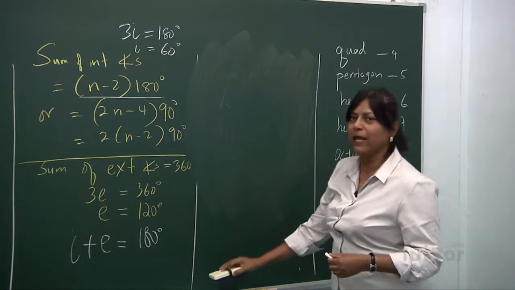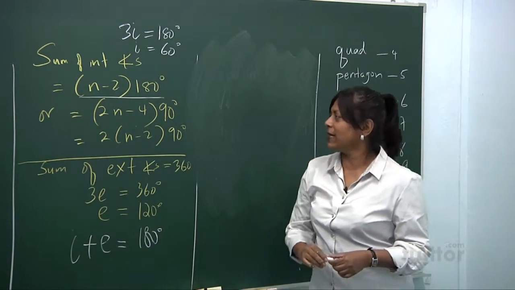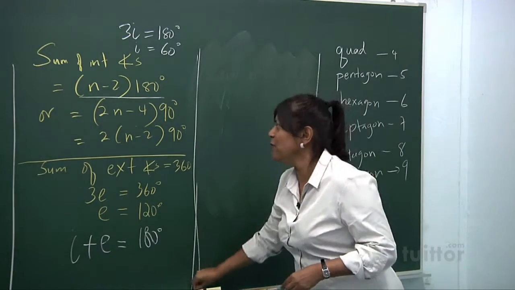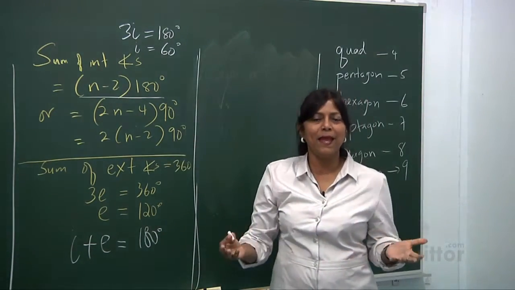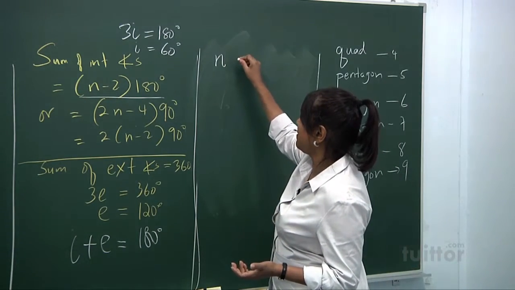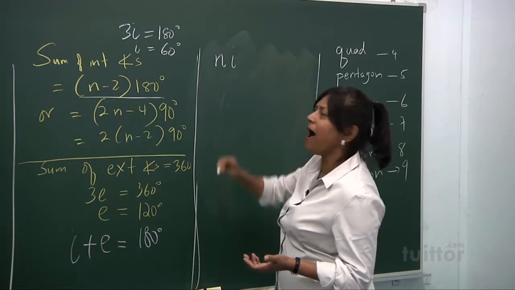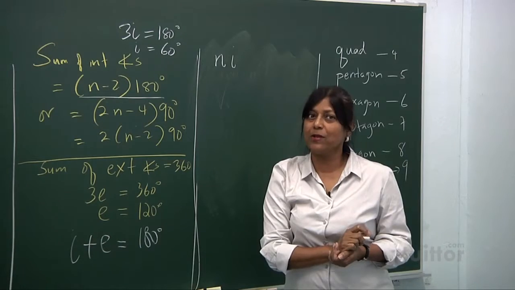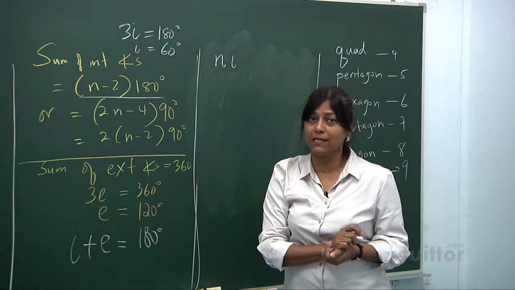But let's go back to maths again. Let's look at the sum again. Now you've got this formula, and if you have n sides, there will be n interior angles, so I put n times I. Let each interior angle be I. If it's a regular polygon, they are all equal in size.